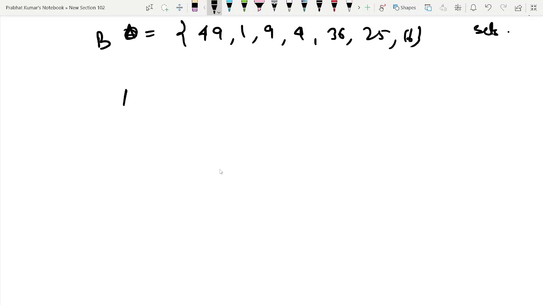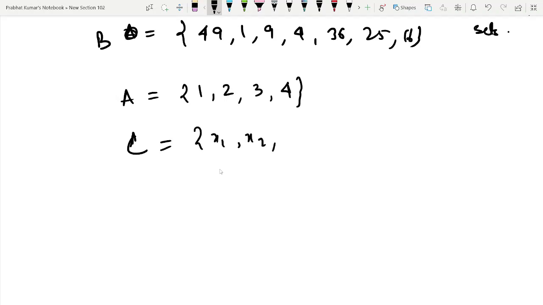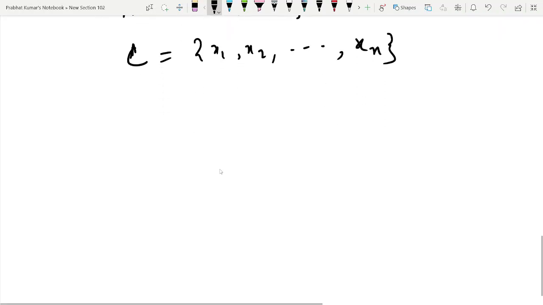Whenever there is a set, suppose it is 1, 2, 3, 4 or something, or let's take another set C to be x1, x2, what we have considered before, up to xn. Suppose I want to say that this x5 is there in C. How can we tell that? We can write it in a long way, like x5 is in the set C, right?